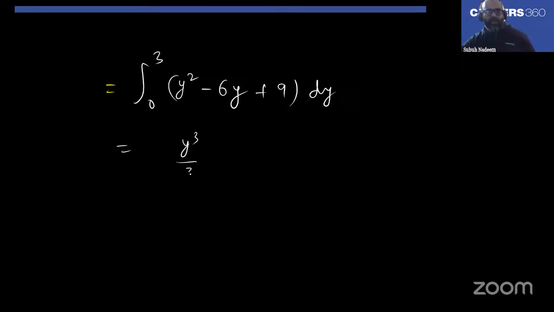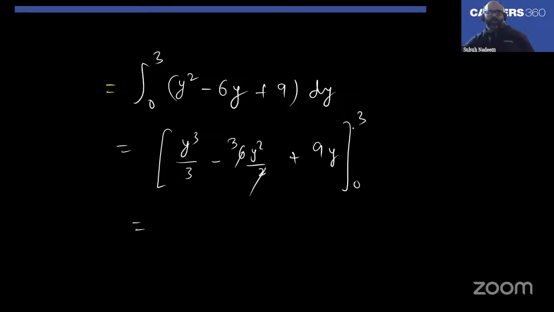So we integrate this. This is y cubed by 3 minus 6y square by 2 plus 9y from 0 to 3. This is 2, 3, 6. So when we put 3 here, it will become 9. After 1, 3 will get cancelled. Here, if we put 3, it will become 27.